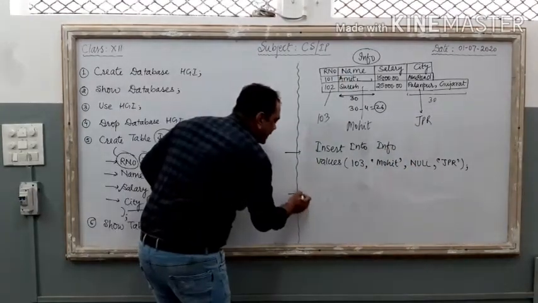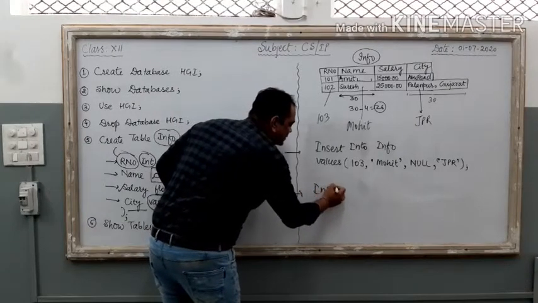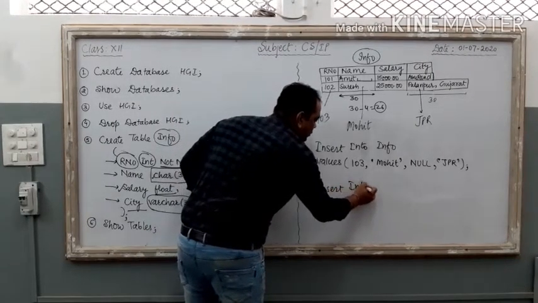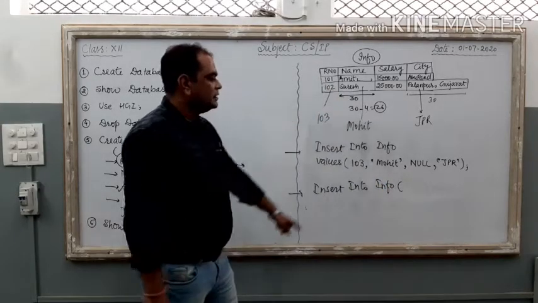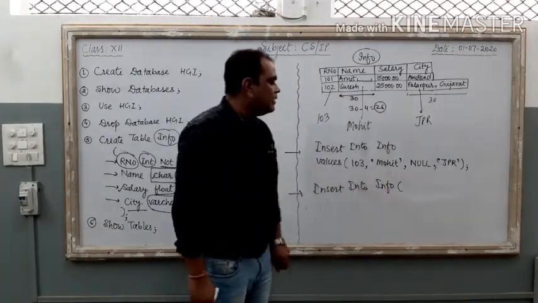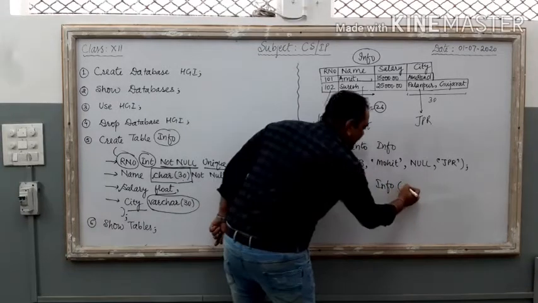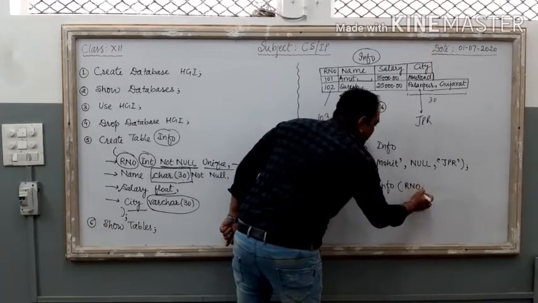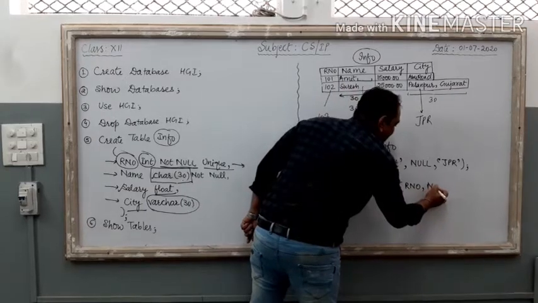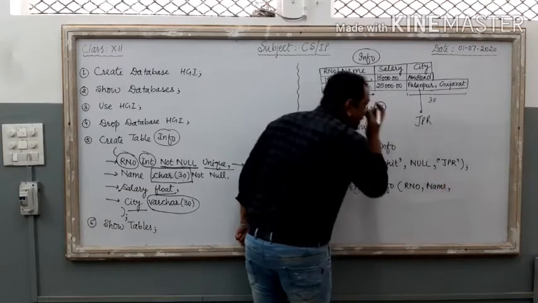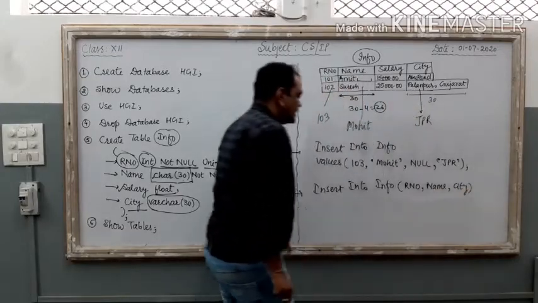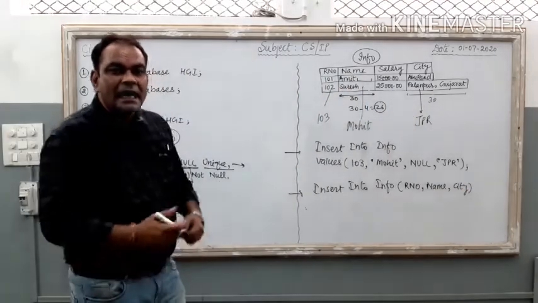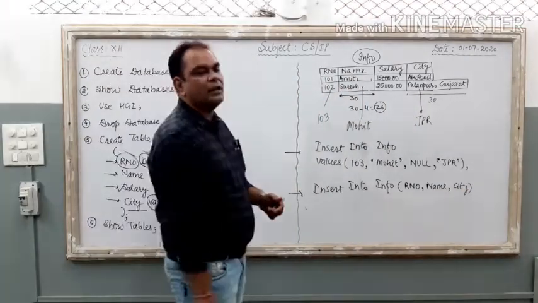Now according to the second format, the command is insert into info, and just after the table name, I am going to supply the names of the columns. RNO my first column, name my second column, and city my third column. So if I use this command, I have to assign 3 values only in the table.